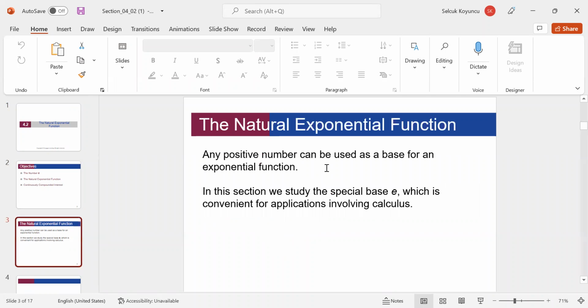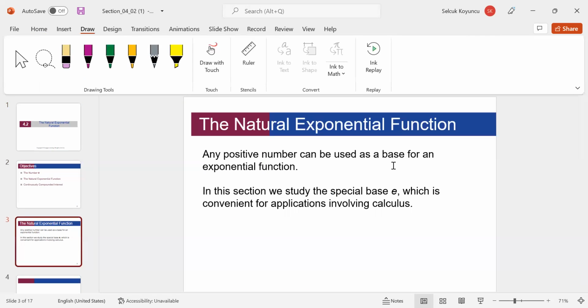Okay, so any number can be used as a base for an exponential function. We can use any positive number for a base. So for instance, we can use 2 to the x, or we can use 10 to the x, and so on.